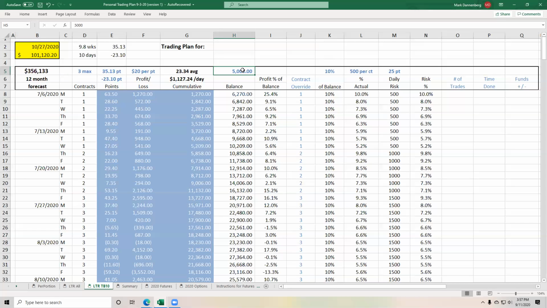We only have 10 of 52 weeks behind us, but that's a potential income based on having started with $5,000 and then just compounding our profits based on taking profits every day and continuing to trade every day and recording them here in the spreadsheet in the personal trading plan.